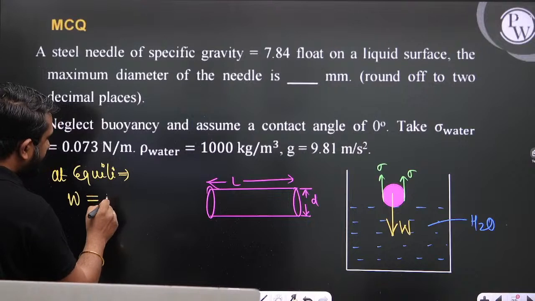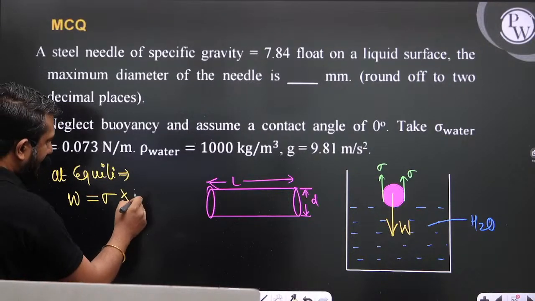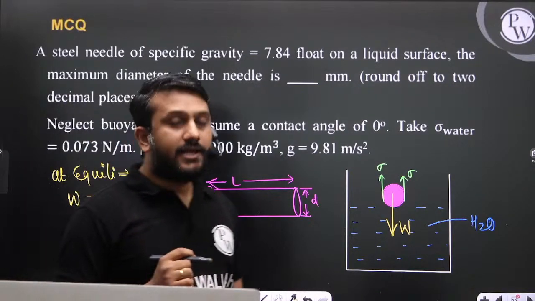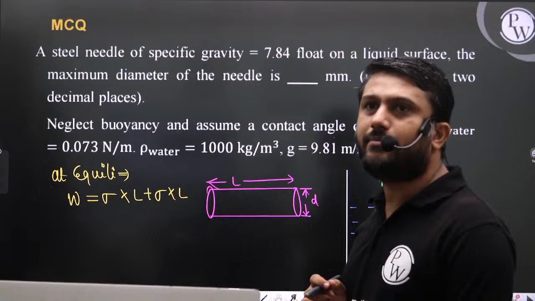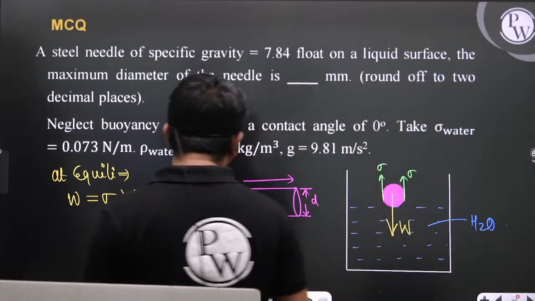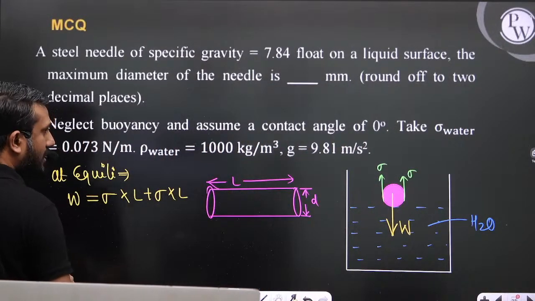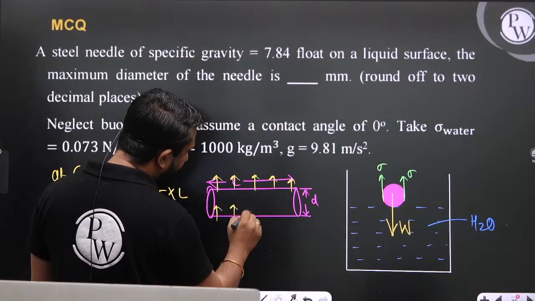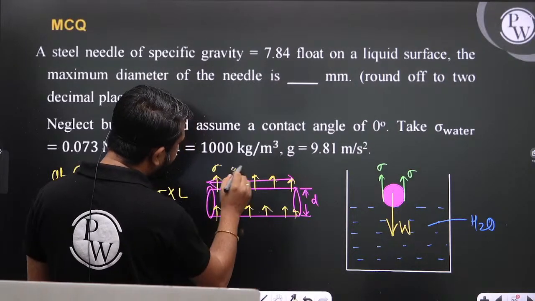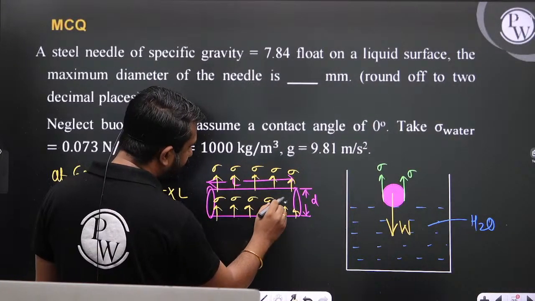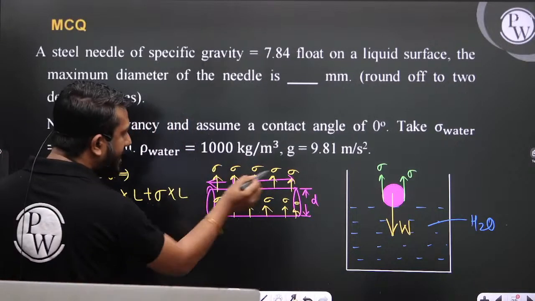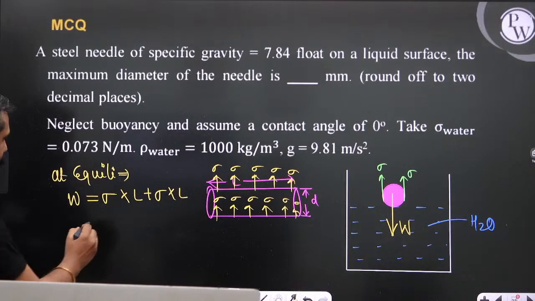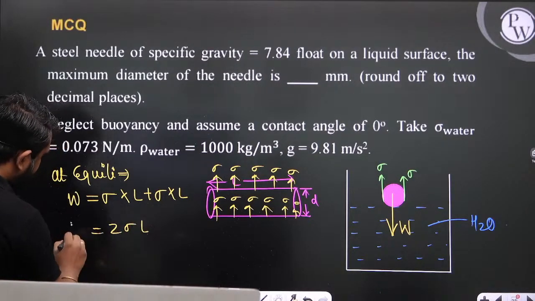The surface tension force is sigma multiplied by L plus sigma multiplied by L. Tell me yes or no. See, your surface tension is acting like this, sigma into L plus sigma into L. Is it clear or not? So it is 2 sigma L and this is W.